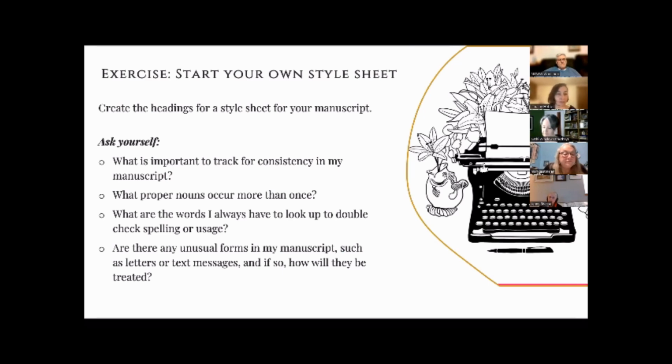It's just to start your own style sheet for your manuscript and create the headings of what you think is important to track: what proper nouns occur more than once, what are words I always have to look up to double check, are there any unusual forms, and anything else that you want to track in your sheet. So that is something that you can take away and have fun doing. I use fun loosely. I think creating style sheets is fun. I hope that you do too.